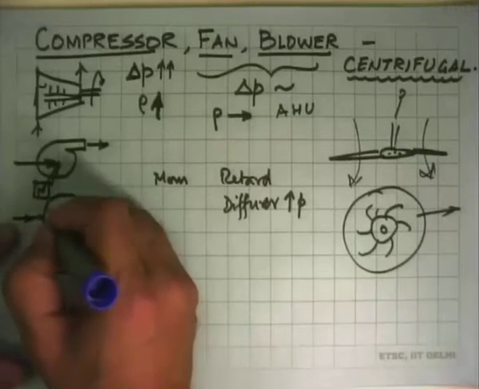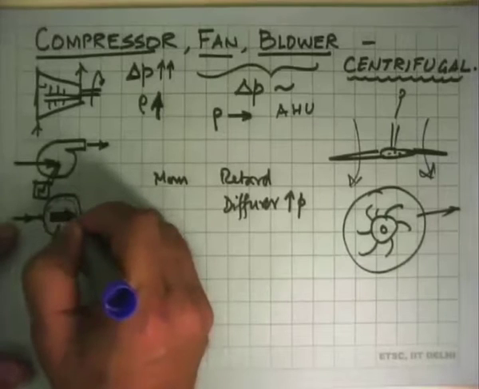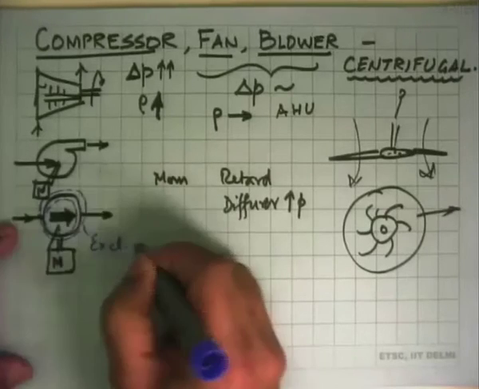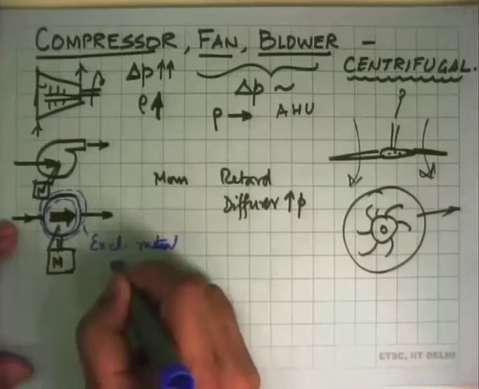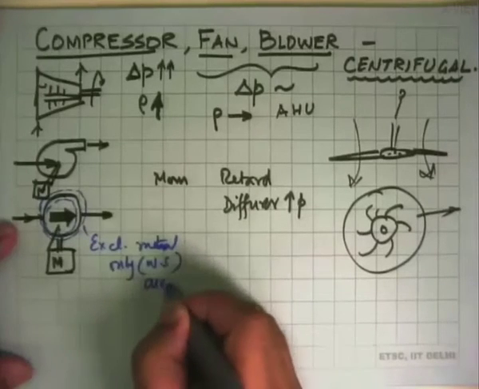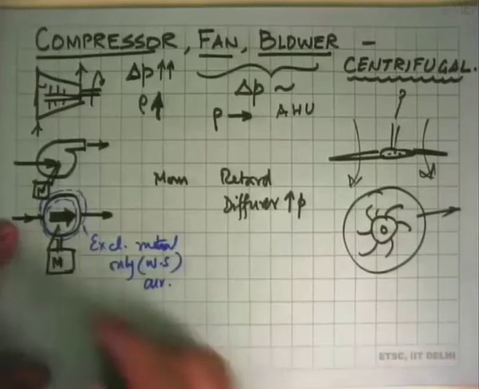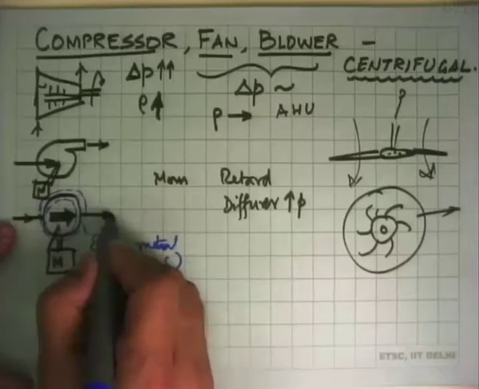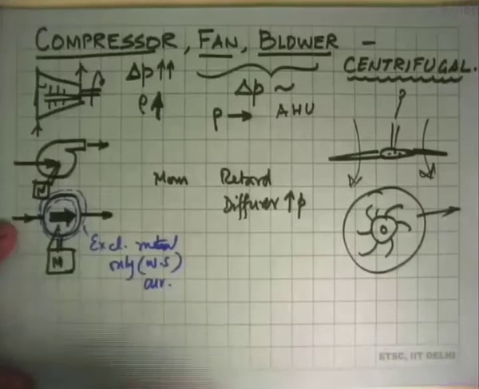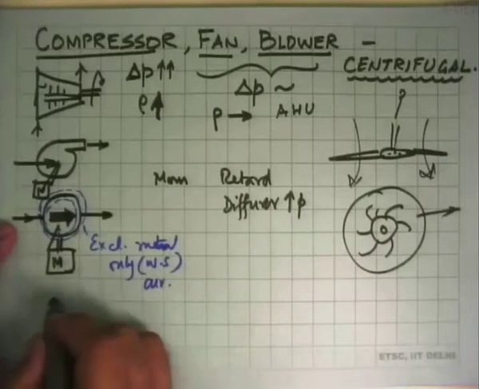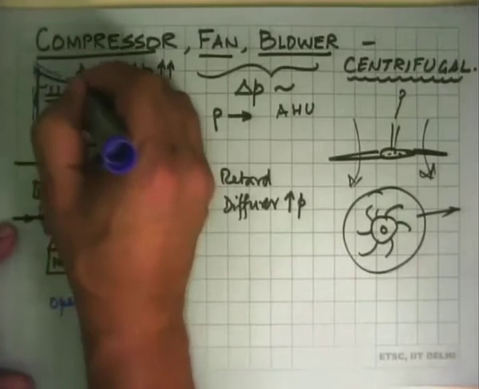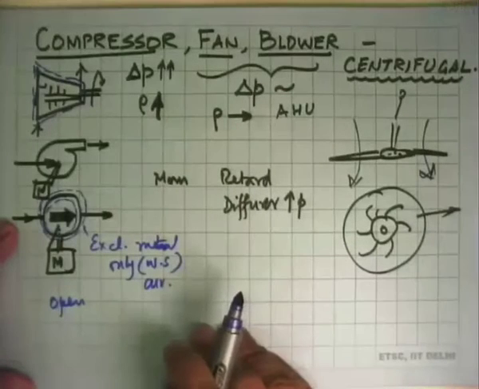We say that look, I will take all this is my system, or one can say that this is the system excluding all the metal and only say the gas or the working substance which is there, air or whatever. So this system has one inflow, one outflow, and there is a power, shaft power being input to this. So once we have drawn the system boundary, we know that these are open systems. Even in this case, the story is the same. We can show the system boundary to be like that.